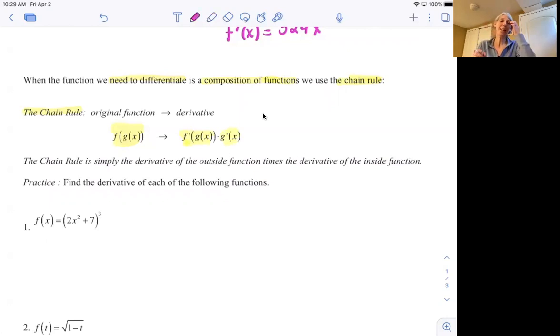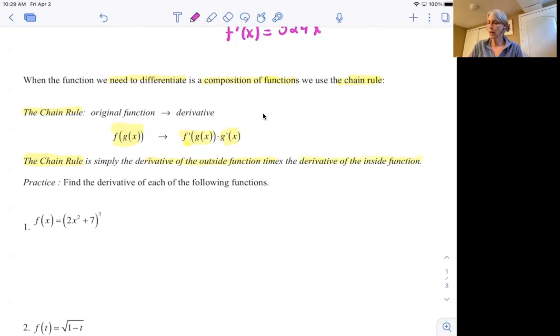Okay. This is a little difficult to recognize at first, and I know the notation is hard. So when I do the chain rule, this is when the words help me the most. It's the derivative of the outside function times the derivative of the inside function.